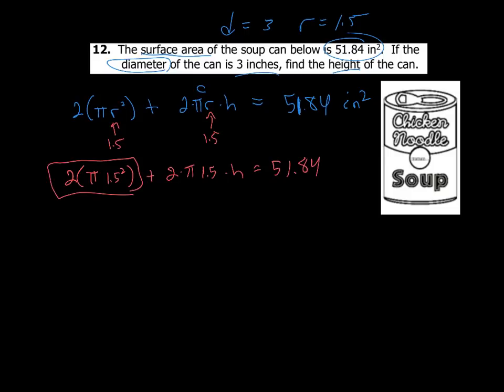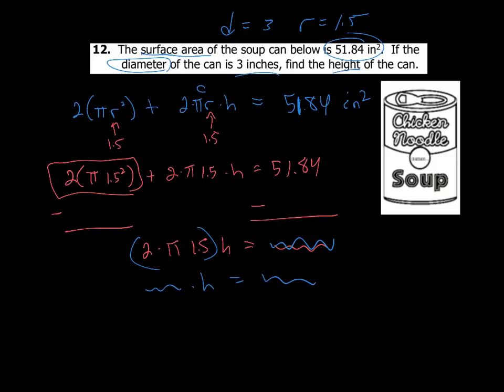Turn this into a number, subtract that from your total, and you'll have 2 times pi times 1.5 h equals some value. I'll give this a little value scribble. Now you can make this all turn into a number, so it'll be something times h equals that scribble. Divide by that scribble on both sides, and you should have the value of h.